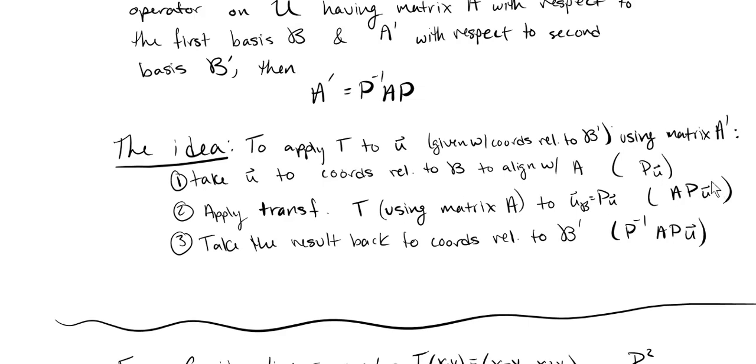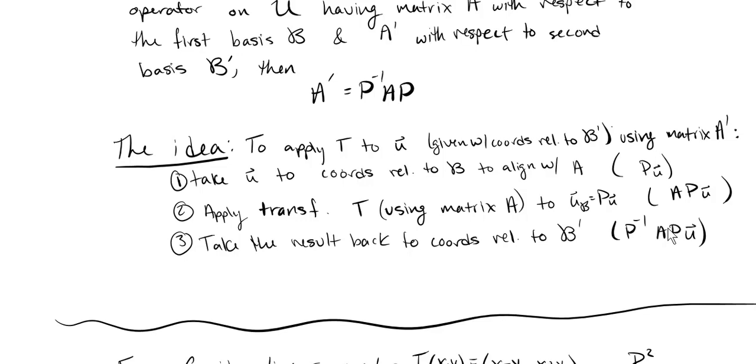So we better take it back. We take the result back to coordinates relative to B prime, using the inverse of the transformation that took us from B prime to B. So we apply, at the end of the day, an extra P inverse.